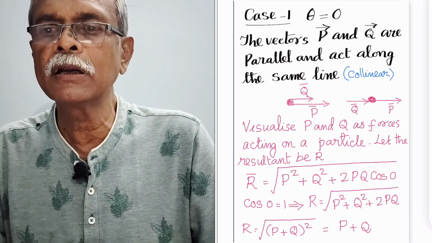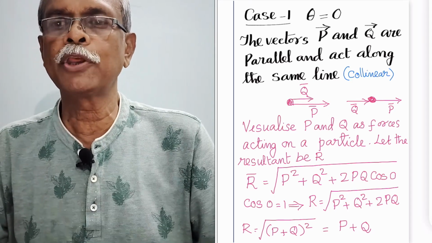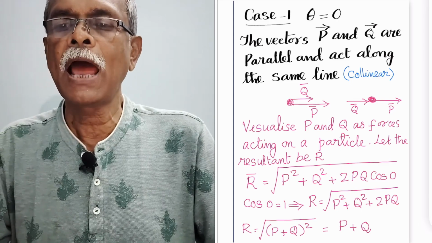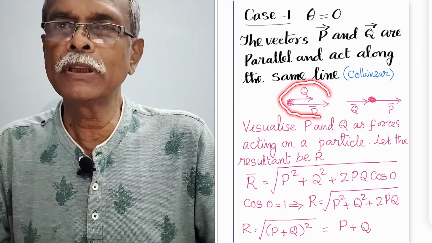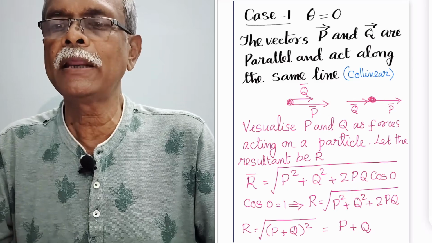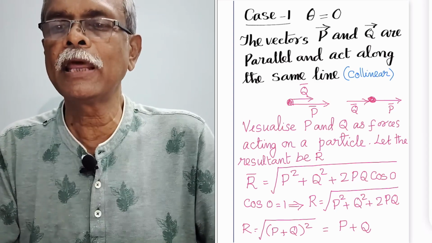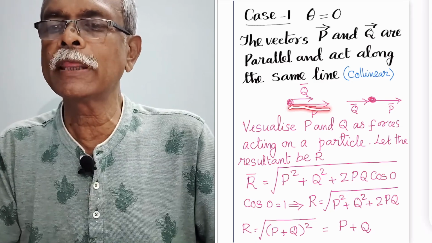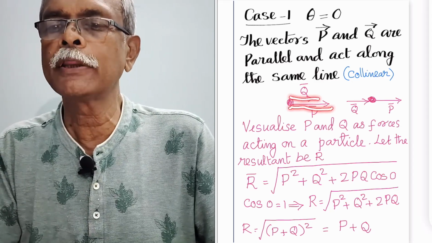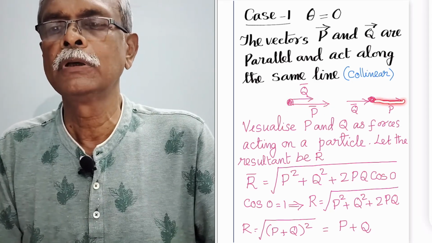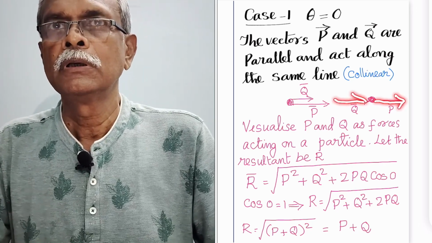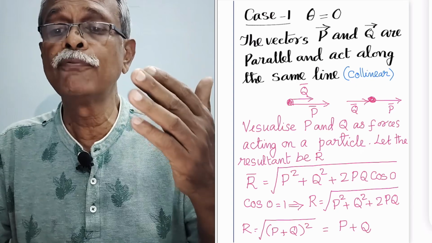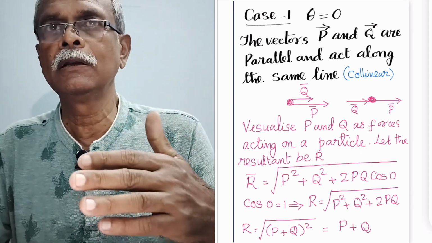Here we consider two vectors P and Q, acting on the same point and having the same direction. It can be P in this direction, Q in this direction, or it can be P as a pull and Q as a push. It is easier to visualize P and Q in the form of forces acting on a particle.